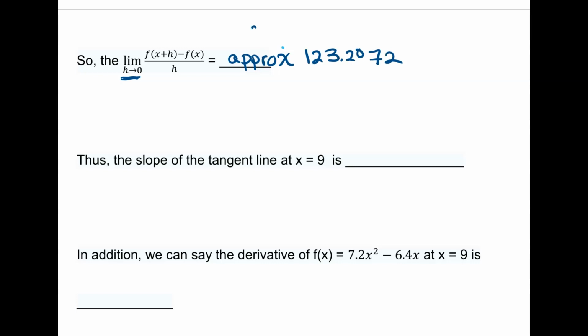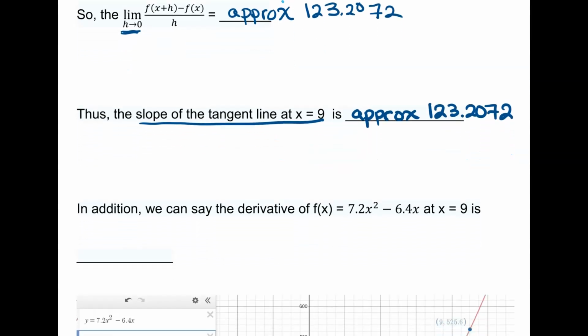So when we used x is 9 and used our difference quotient and let h values get very small, this was our approximate value. That tells us the slope of the tangent line at 9 is approximately 123.2072, which can also be called the derivative.